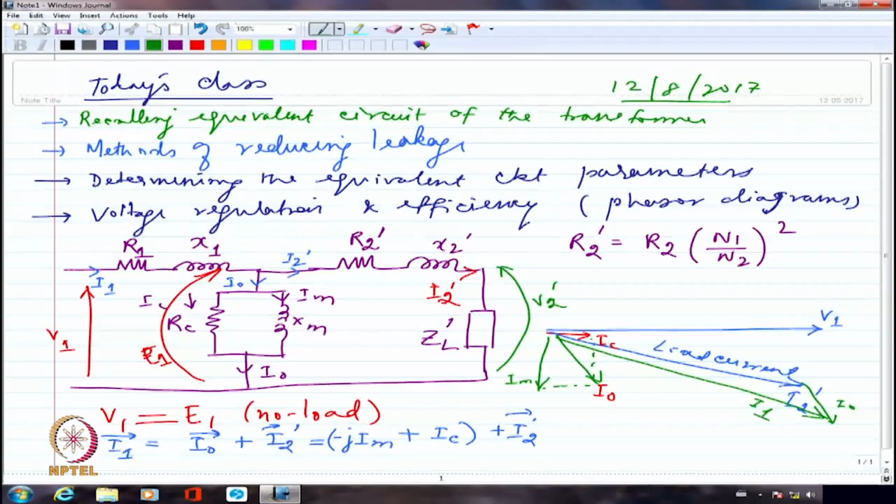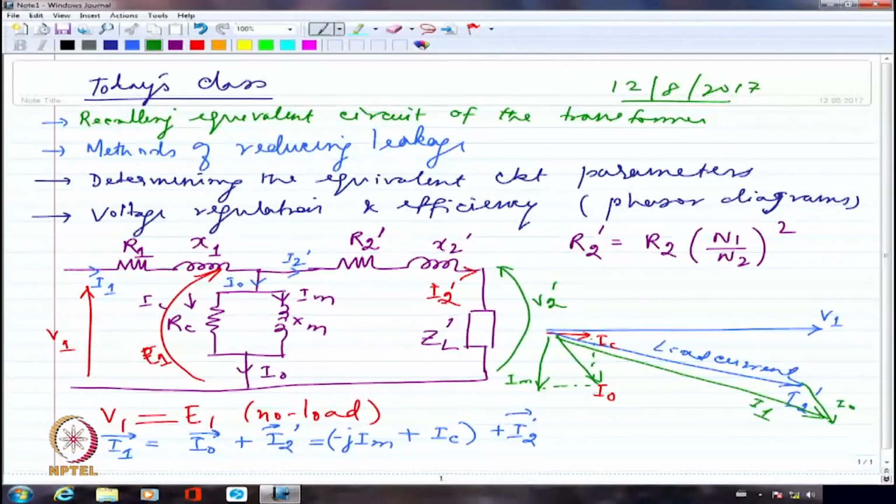So I have several drops. First I am applying V1 minus (R1 plus jX1) multiplied by I1, which will give me E1. This E1 is now passed on to the secondary side, which I may call E2 if I am not taking the turns ratio into account.